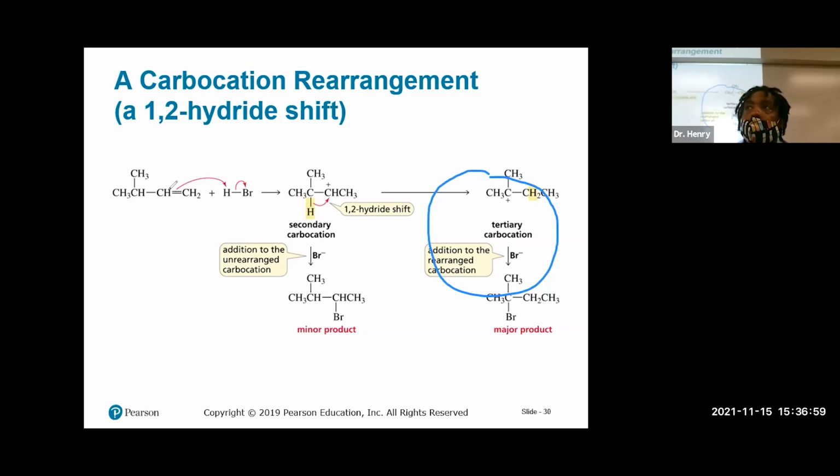Again, the double bond is going to be providing the electrons for the hydrogen. The hydrogen is then going to provide the electrons for the bromine. So then the bromine is going to have a negative charge. The hydrogen is going to have a positive charge, and it's going to result in a positive charge being placed here, right?